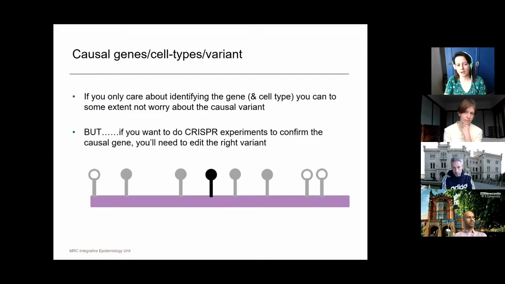But I wanted to flag that if you wanted to do something like a single variant CRISPR experiment to confirm the causal gene, then you do need to know the causal variant because you need to edit the right variant. So it's a means to an end problem. You only need to know the causal variant if it's the way that you're going to identify the causal gene, but it can be important to identify so that you can do the right experiments.